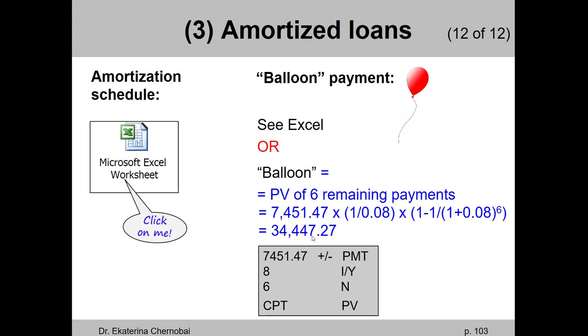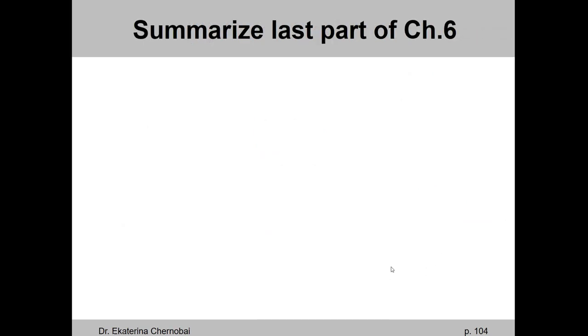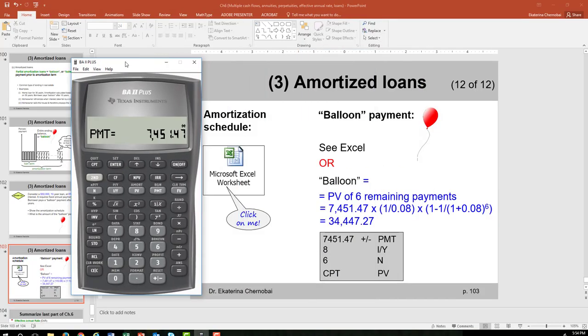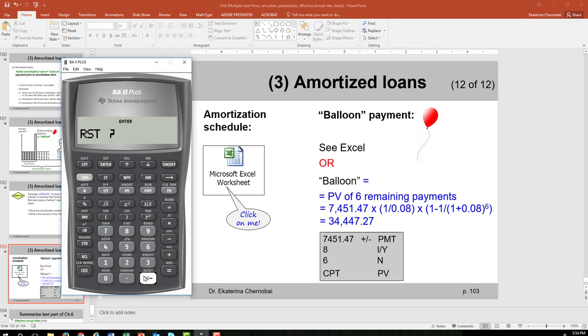So these are all the different ways you could do it: look up the amortization schedule if you have it already built, use the formula to find the annuity present value, or let the financial calculator do it for you. Here, let's just do it in the financial calculator. Let's clear everything and start all over again.